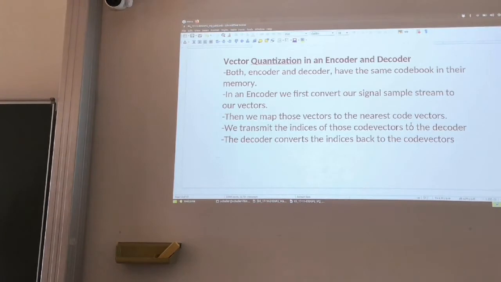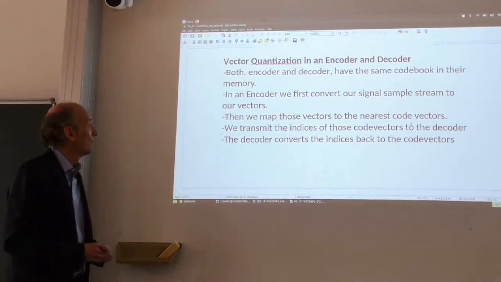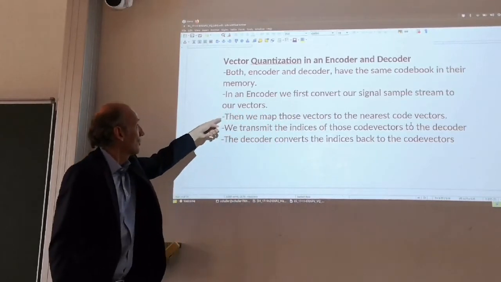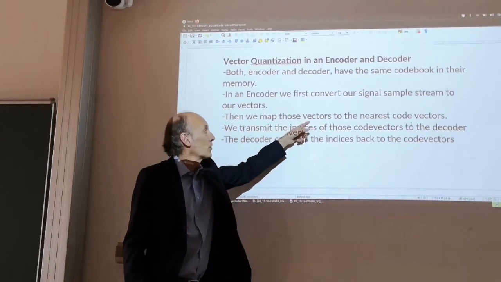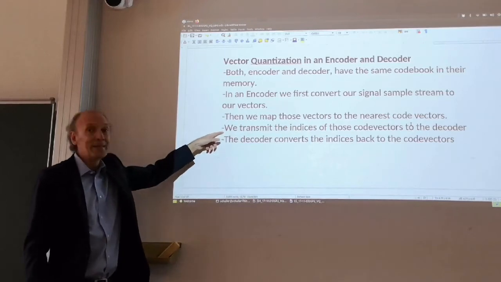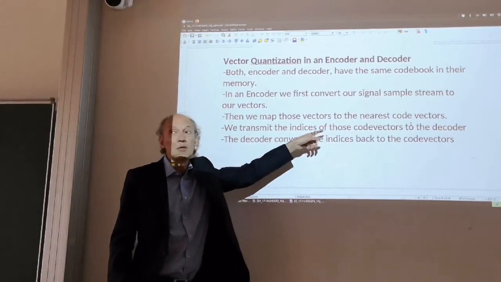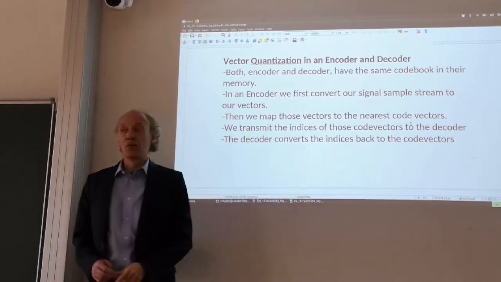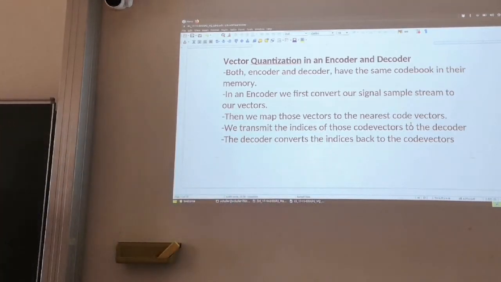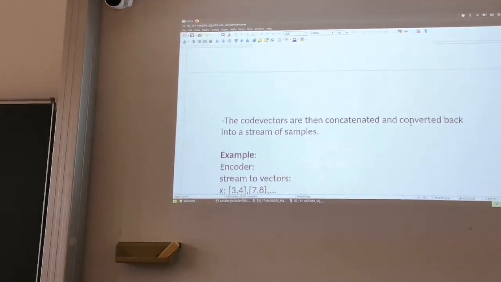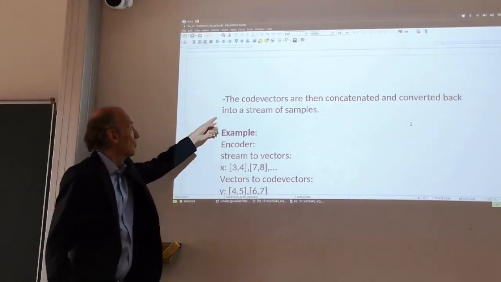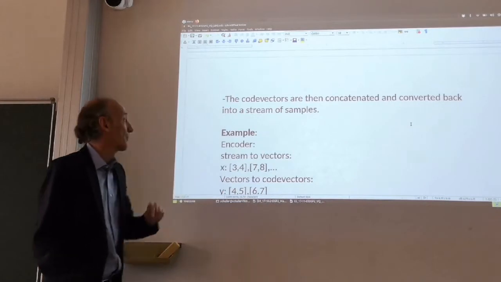Encoder and decoder get the same codebook. In an encoder, we first convert our signal sample stream to vectors, then we map those vectors to the nearest code vectors. We transmit the indices of those code vectors to the decoder, and the decoder then converts the indices back to code vectors. The code vectors are then concatenated and converted back into a stream of samples.